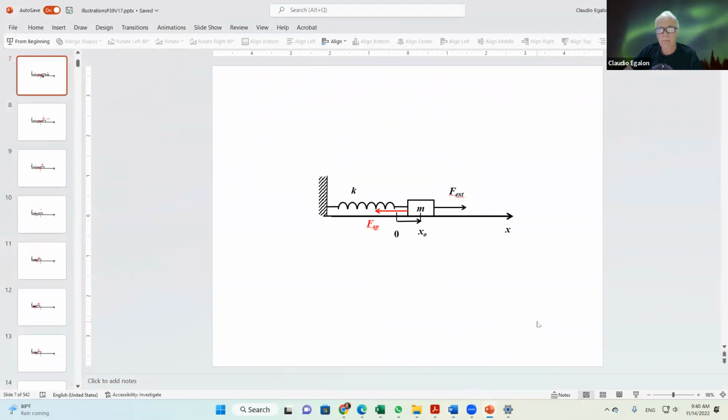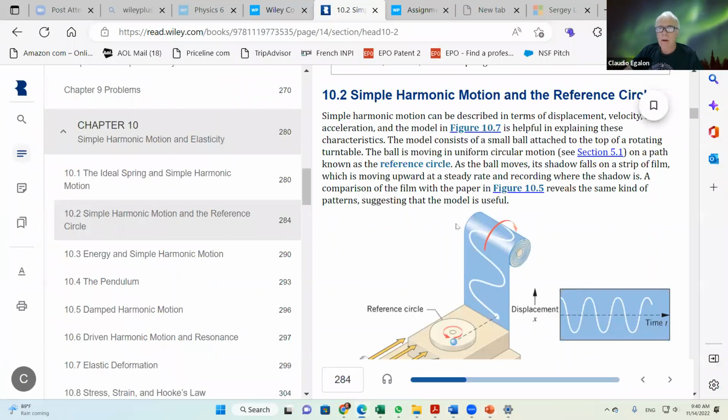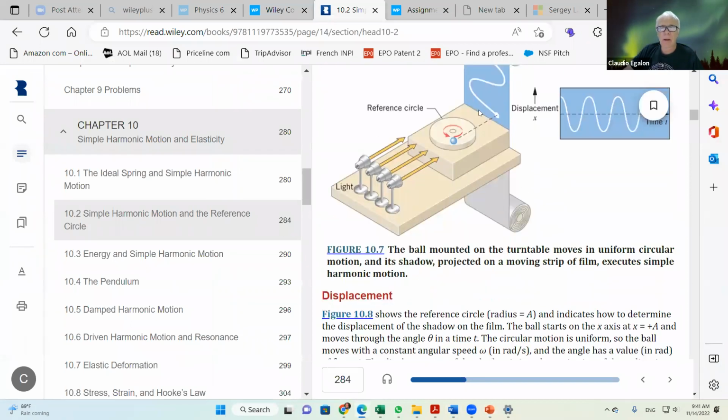See here, the particle undergoing circular motion, right? And then you illuminate the particle with those lights.